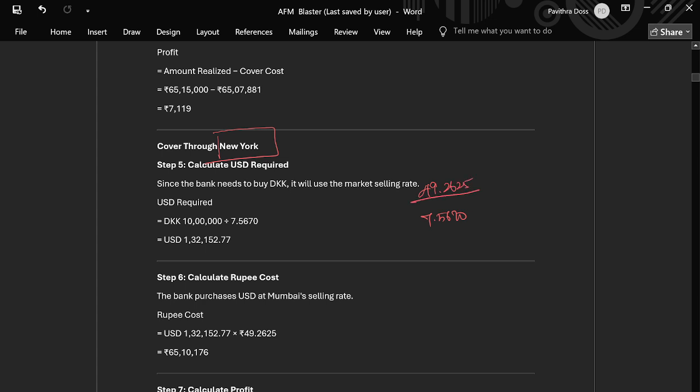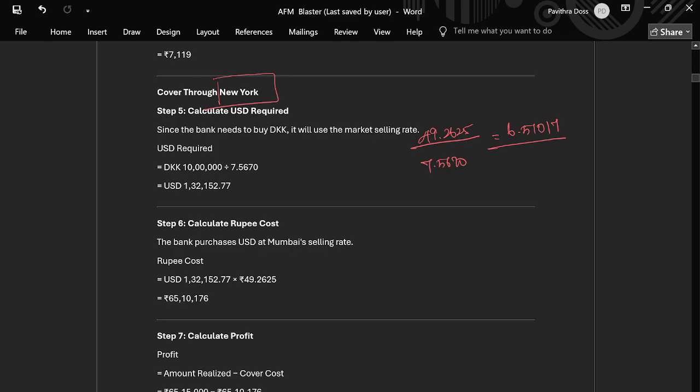Then 49.2625 divided by 7.5670. We already saw we are going to invert it because we want the rupee per DKK. So it is 6.51017.